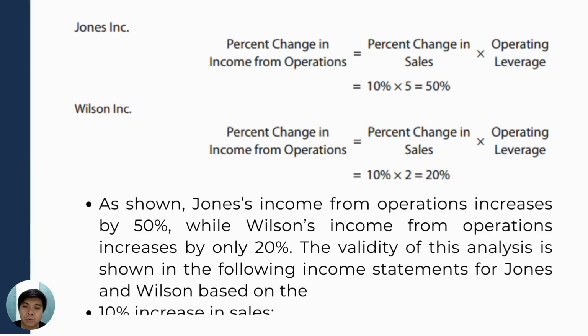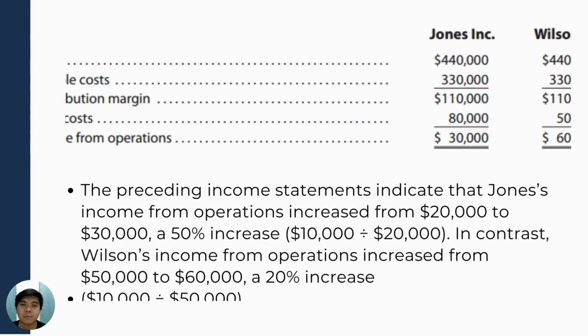As shown, Jones' income from operations increases by 50%, while Wilson's income from operations increases by only 20%. The validity of this analysis is shown in the following income statements for Jones and Wilson based on the 10% increase in sales.